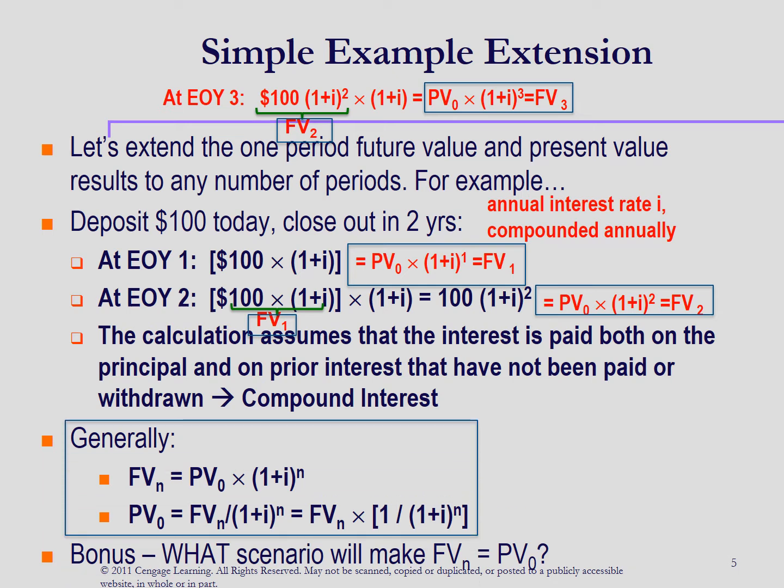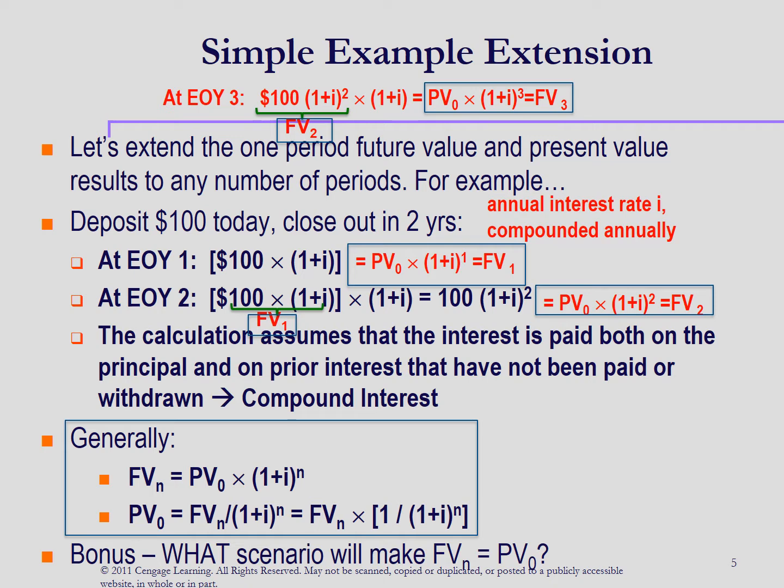Generally, the future value at the end of period N is equal to the present value today times 1 plus interest rate raised to power N.